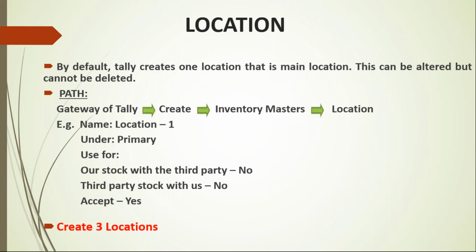So first of all, we will discuss the concept of location. So location is nothing but godown, place of storage. So every company, every entity, industry will have a place of storage. Even a small office will also have a storeroom, right? So where all the raw materials, finished goods, or any kind of materials, everything is stored.